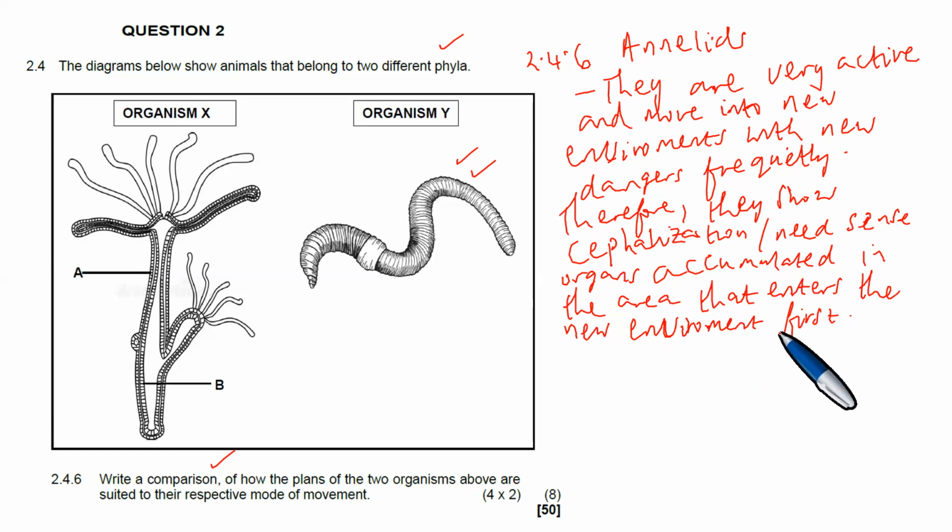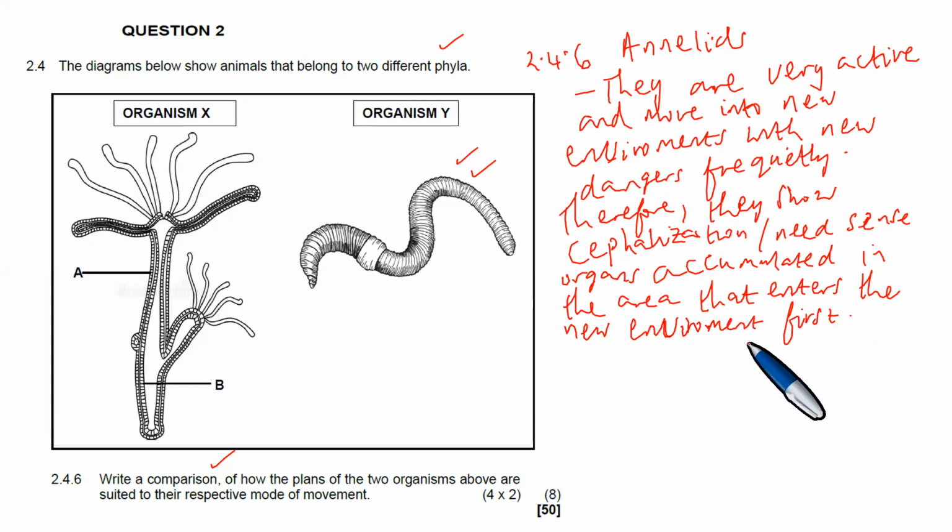Because now they keep moving, they enter environments with dangers, burrowing and tunneling in the soil, and sometimes they're exposed to dangers frequently. As these organisms move on the surface of the soil and burrow, they show cephalization, the need for sense organs accumulated in the area that enters the new environment first.